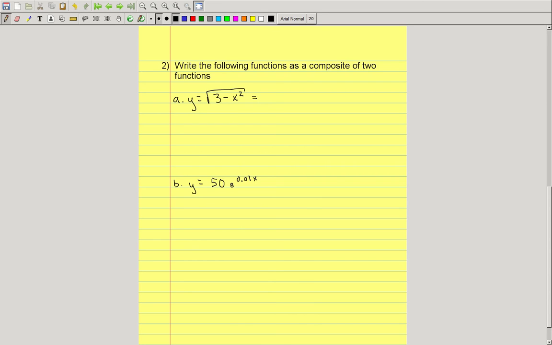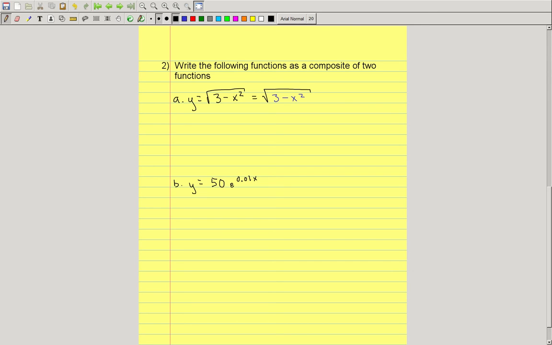So looking at our first example, y equals the square root of 3 minus x squared, we see something similar to our earlier example where we have some function plugged into the square root function. So what I'm going to do is write the square root part in black, and write the interior part in blue to make it easier to see what we're thinking of as our two components.